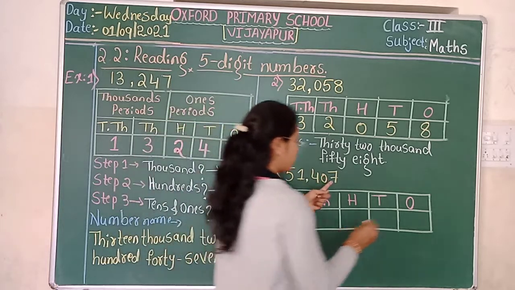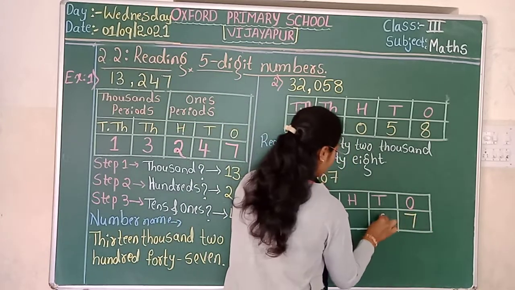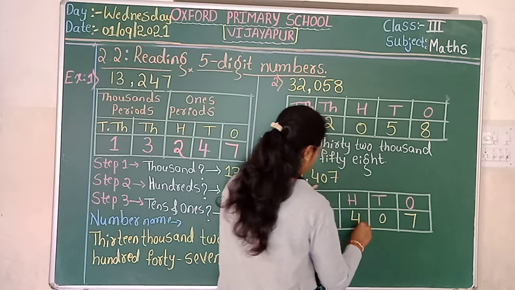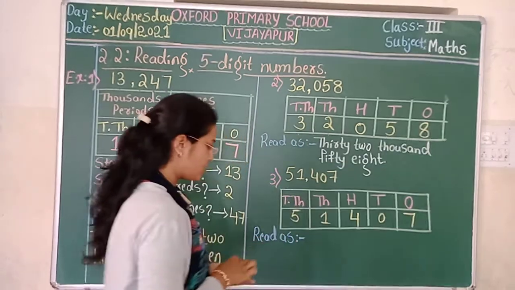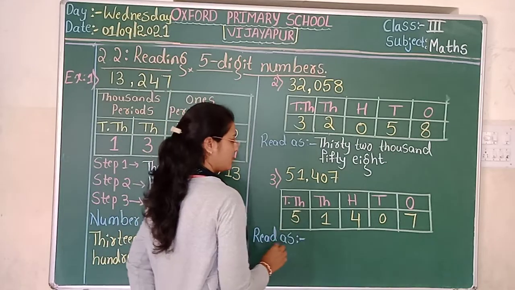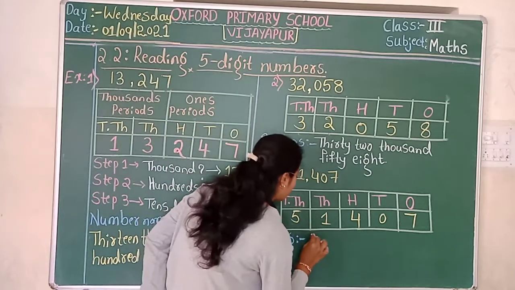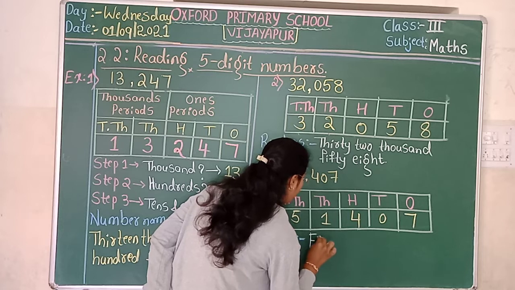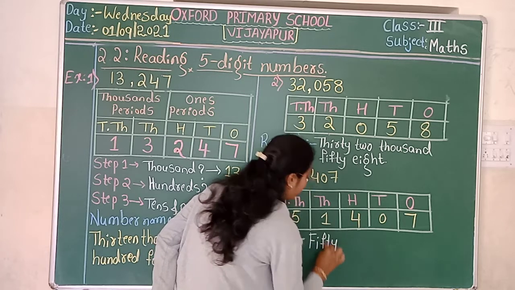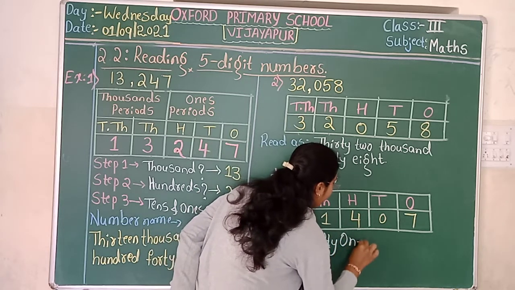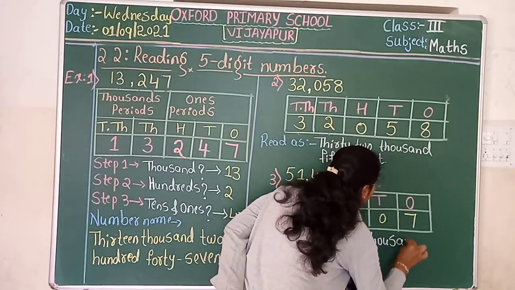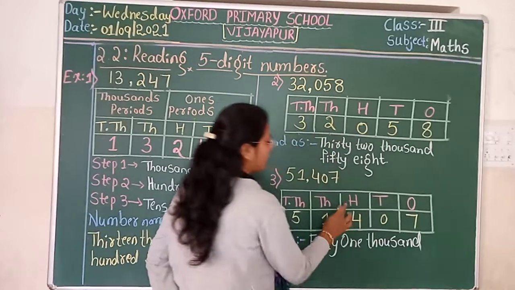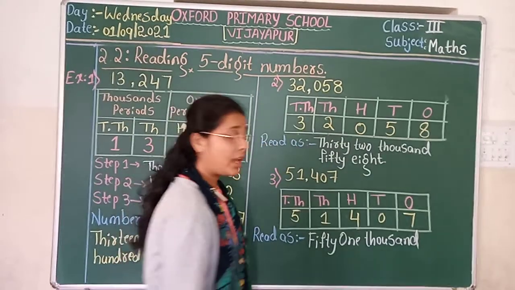Next, first we will replace 7, 0, 4, 1, 5. First we have to write the thousands. 50,000 we are having. Fifty, 51,000. And what we are having in the hundreds place? 4 we are having.